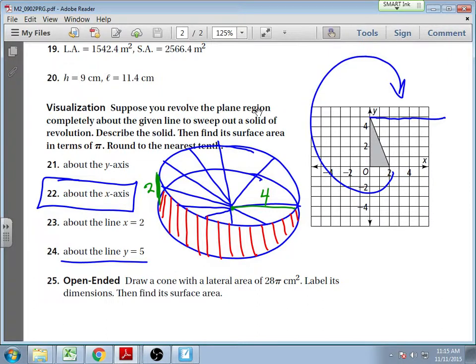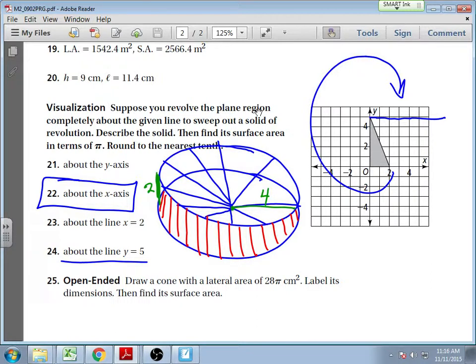We have that pi R L. So think about it like this. You have the bottom of the cylinder, the sides of the cylinder, and then from a cone, get rid of the base, and you only have the lateral area of the cone in there.